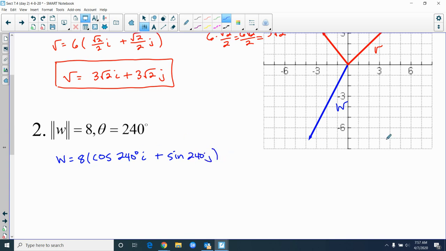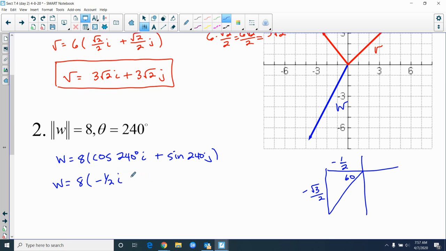This is a unit circle angle. 240 degrees means the reference angle is 60, so across from that is square root of 3 over 2, and the adjacent side is 1/2. Since we are in quadrant 3, they are both negative. We have to take into account the signs. So w equals 8 times negative 1/2 i plus negative square root of 3 over 2 j.